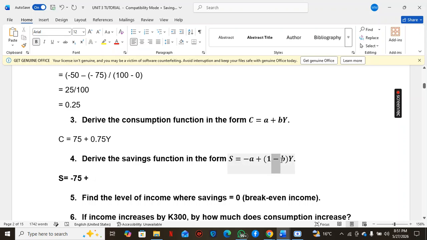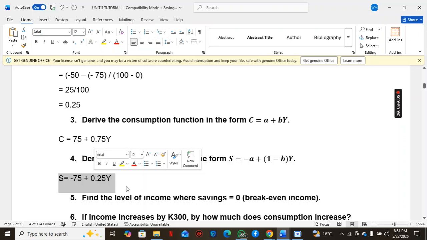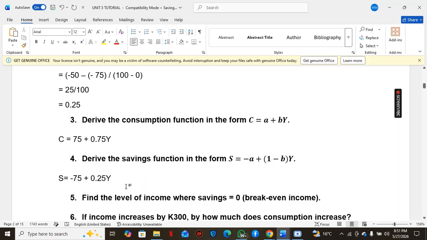This 1 minus B is the marginal propensity to save, which we already have as 0.25. Or you can just say 1 minus 0.75, you still get 0.25.